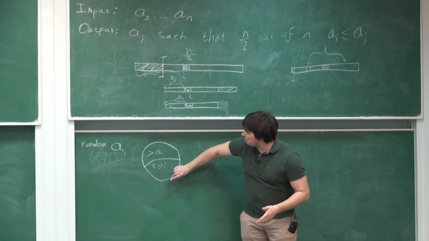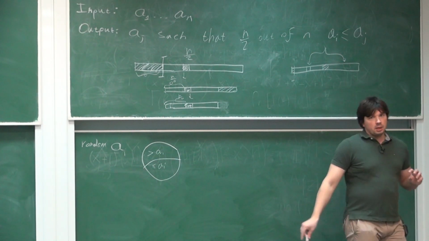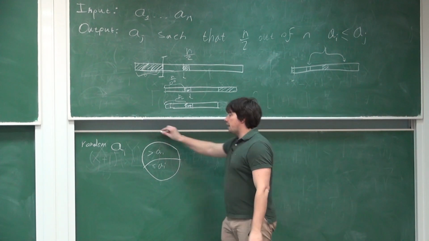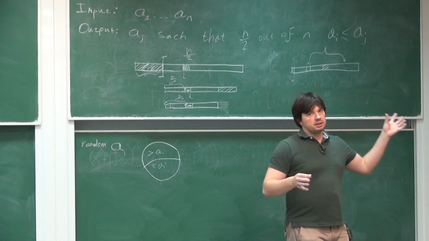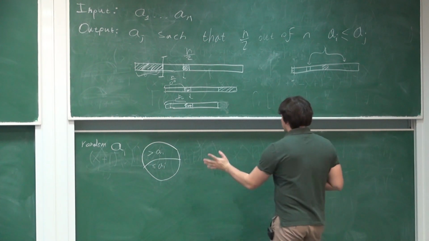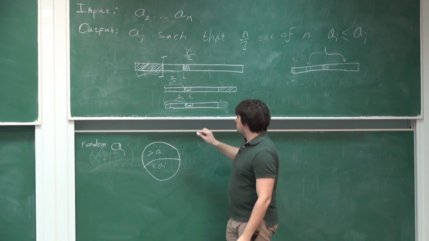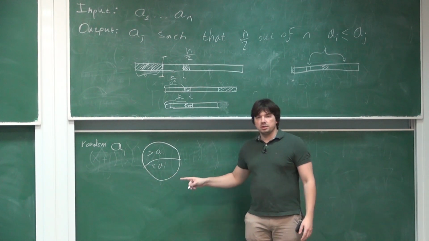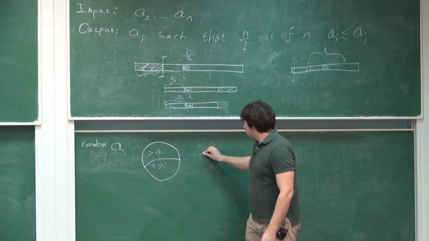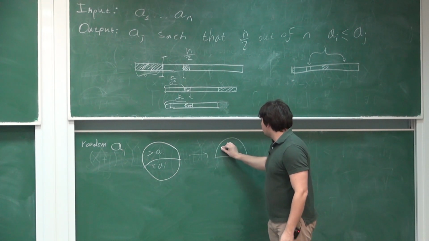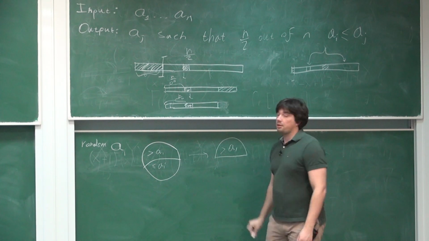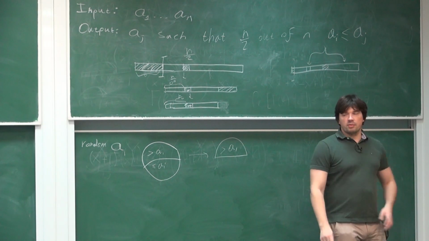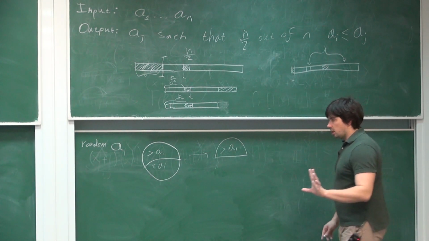So I know that it will belong to one of them, and I know which one I can just discard and say, hey, I don't want you. So let's say that this set at the beginning turns out to be smaller than n over 2, then I can just go with only the elements that are larger than ai and discard the lower half. Okay, I'm not interested, just done with them.